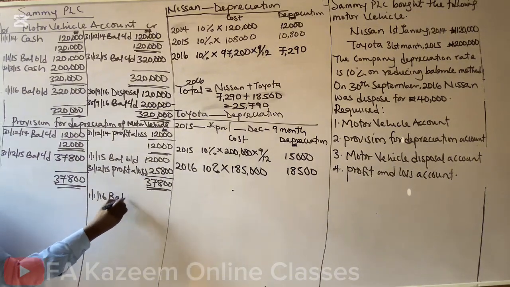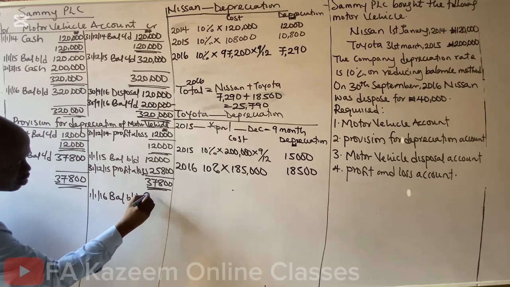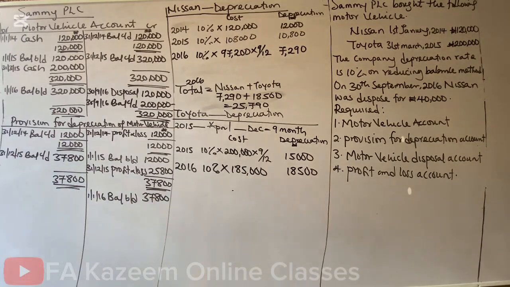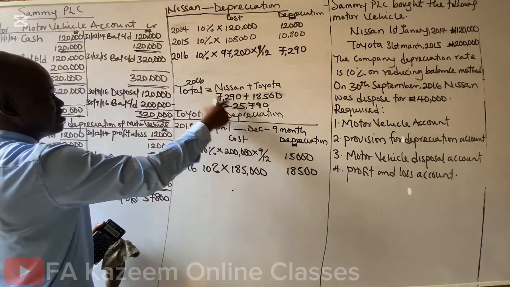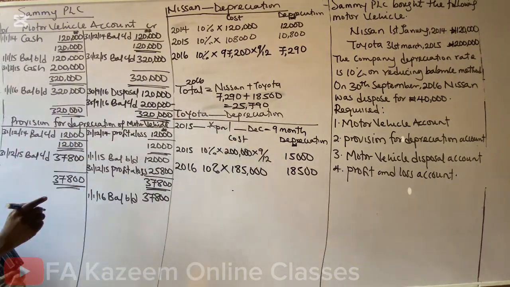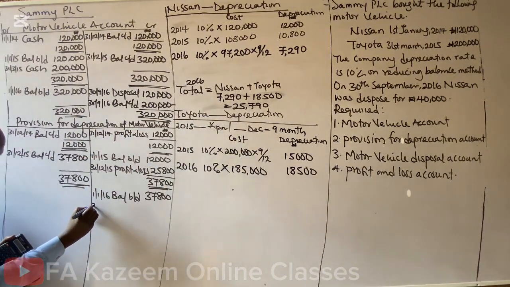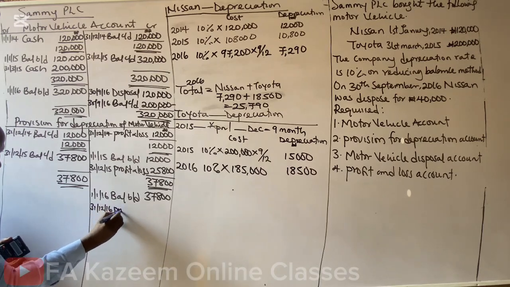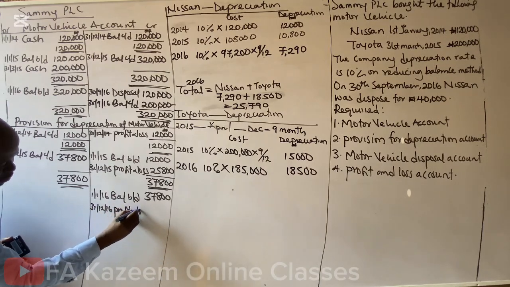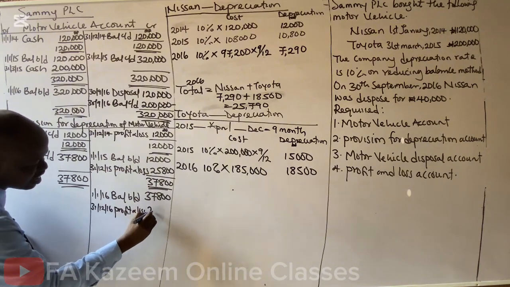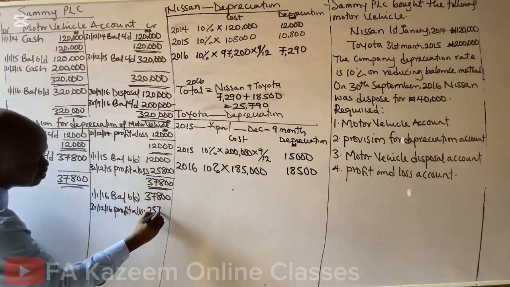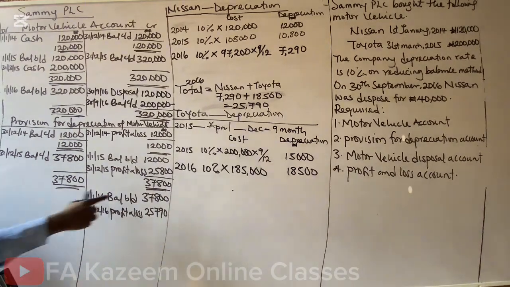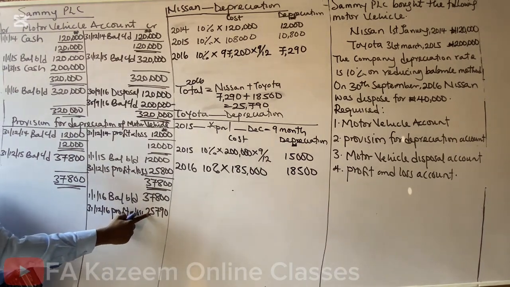37,800. In that case, let's go to 1st January 2016. Balance brought down 37,800. In that case, how much did they set aside now for 2016? At the end of 2016, up to 31st December 2016, the amount set aside, profit and loss, is 25,790, which comprises both Nissan and Toyota.